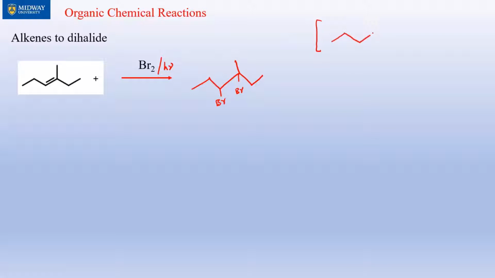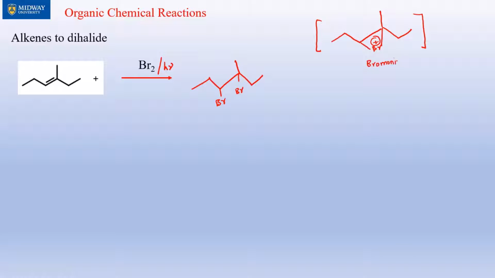Basically you're forming something, and what you've done here is add a Br. This is called a bromonium ion.